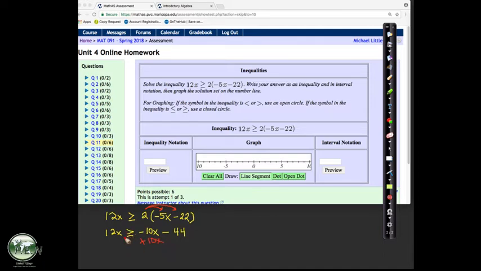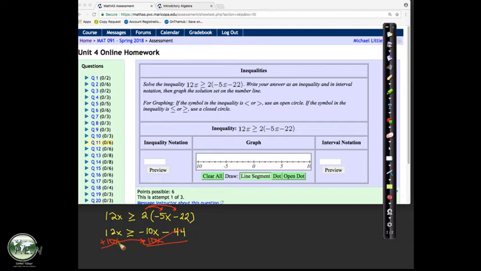We add it to one side, we've got to add it to the other. Oops, I wish I could back that up one. I don't think I can, so we'll just deal with it. Okay, I'll switch to a slightly different color though.